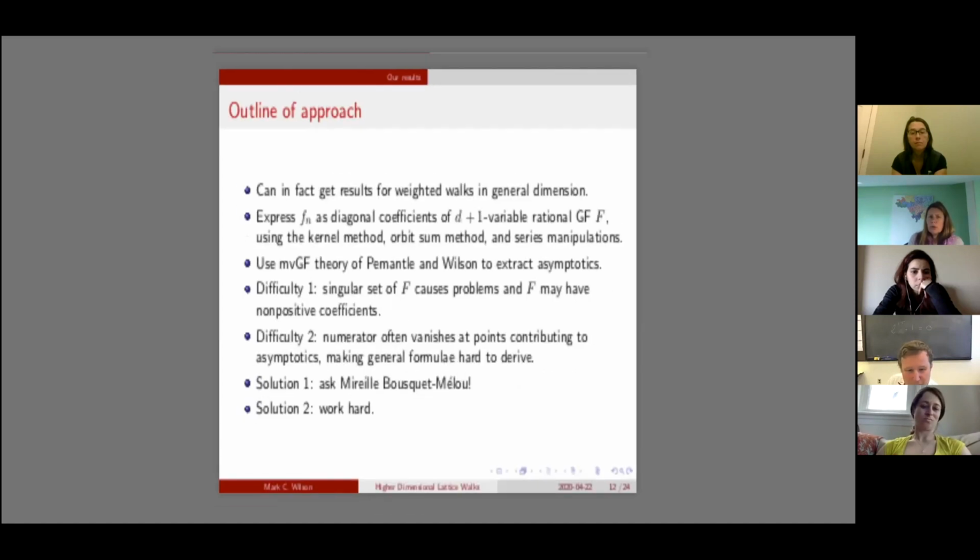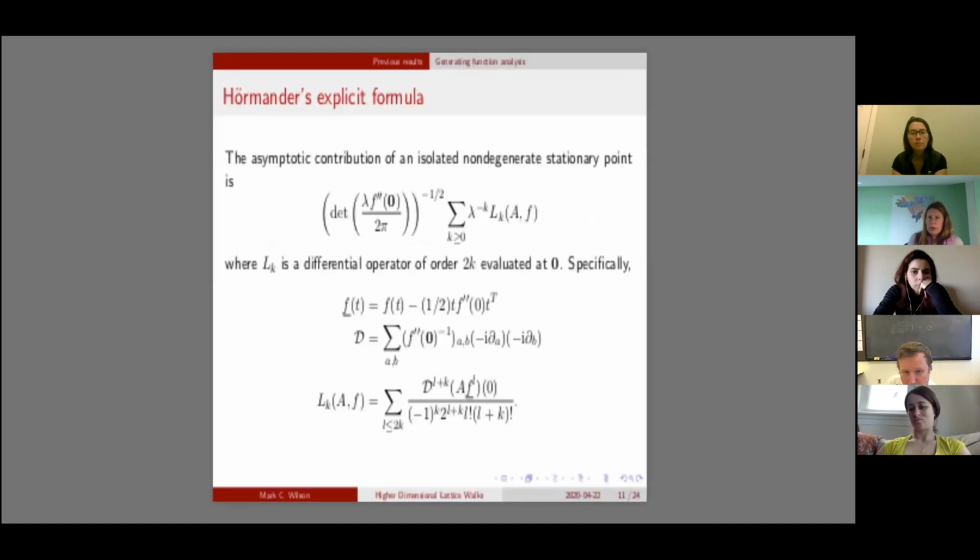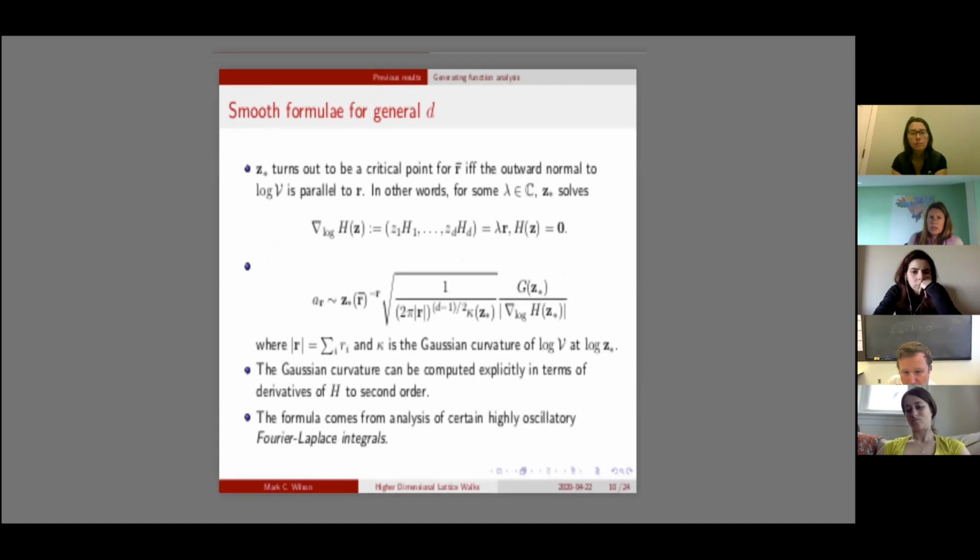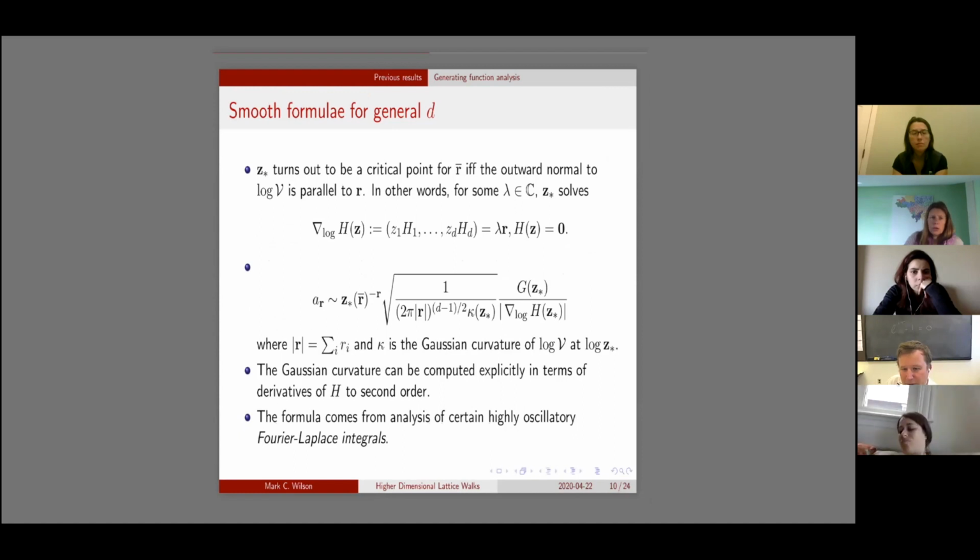Yes, yes. There was a question about the actual statement, if you can go back before the outline of approach and just clarify, what is lambda in that formula? Is that an indeterminate, or you're thinking of some? Yeah, it's for some lambda. Okay. There exists some lambda for which that is the case. Yeah. So you get a system of equations. It's the right size for the number of variables, and you can solve it.